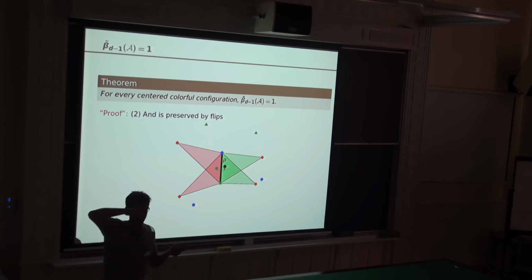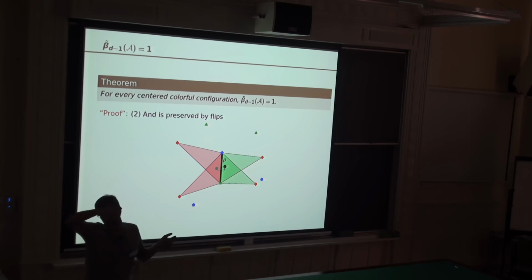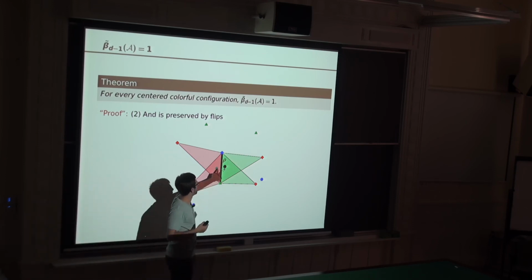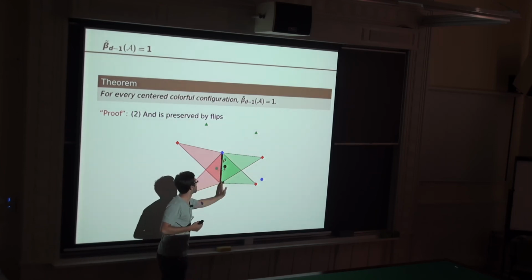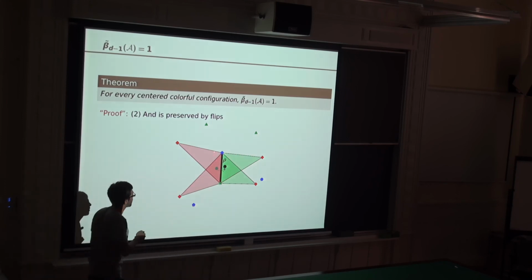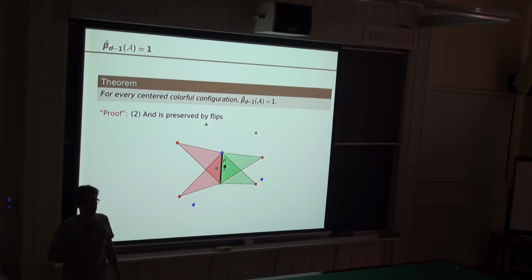So you don't want to lose the property of being centered in the process. And essentially, if you do this generically enough, the only thing that will happen is that at some times the origin will cross a colorful ridge. Right? So we cross a colorful face of dimension one less.